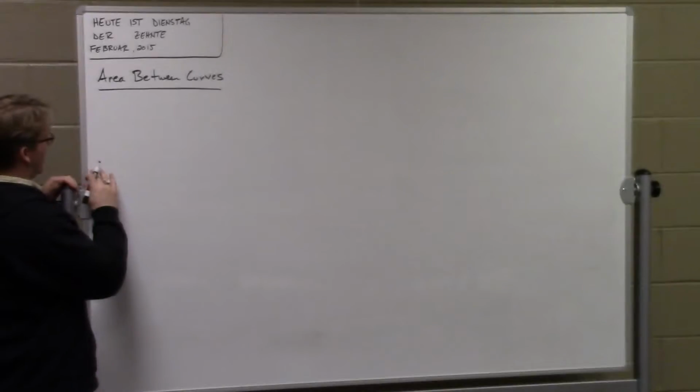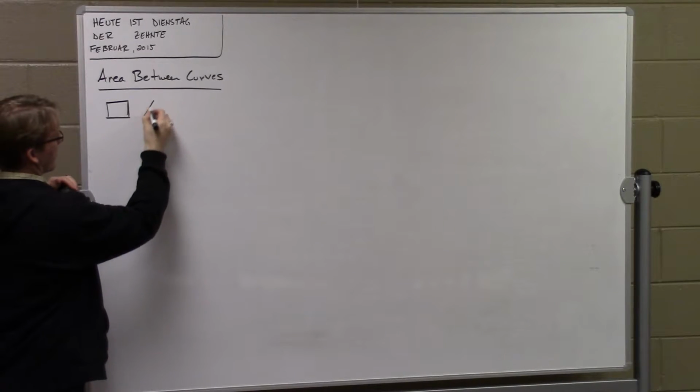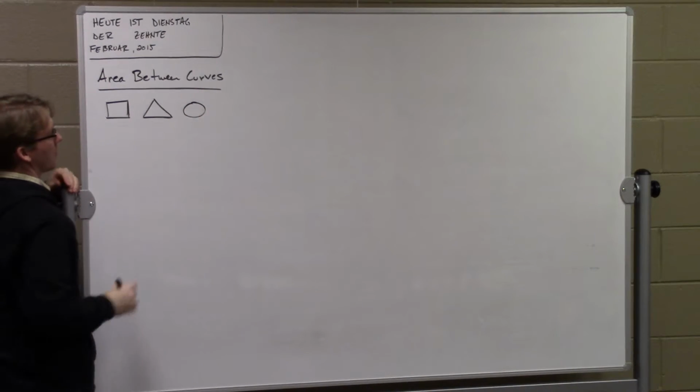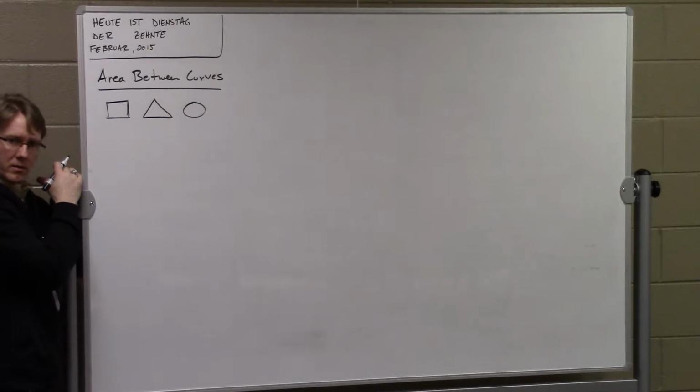So, let's look at the evolution of your area experience. Back in elementary school and middle school, y'all learned your man-made shapes, your rectangles, your triangles, circles, and everything that went along with it, like a trapezoid and a parallelogram and all that other cool stuff. I don't know, elementary school, middle school, it's been a while, okay?